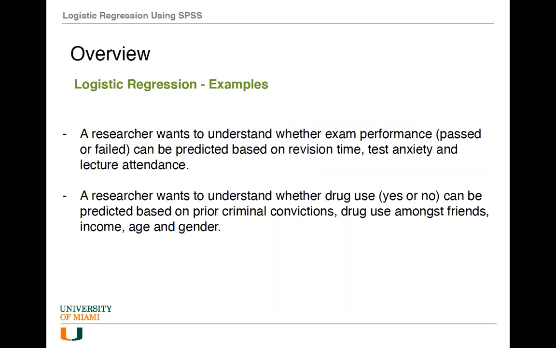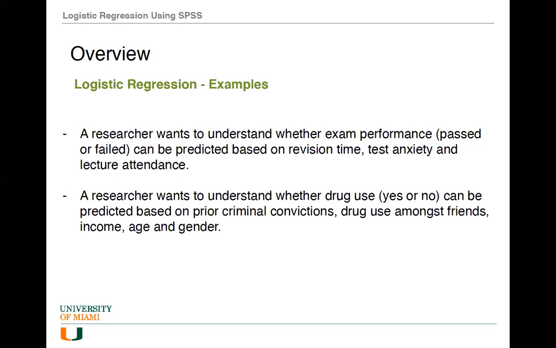An example of when to use logistic regression would be if the researcher wants to understand whether exam performance, that is measured by either passed or failed, so you can see it's a dichotomous variable, can be predicted based on revision time, test anxiety, and lecture attendance.